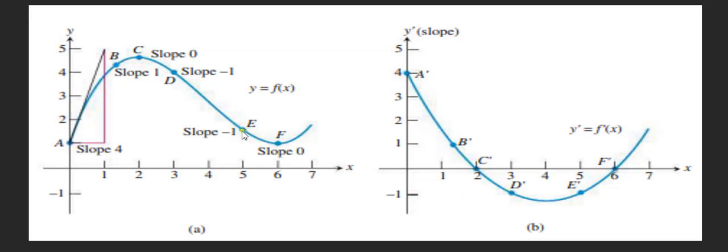What about at point E? Again, the function is decreasing, and they're telling us the slope is negative 1. So at point E, y prime is negative 1. And at point F, the slope is 0. That means y prime will be 0 at x equals 6, which is point F.